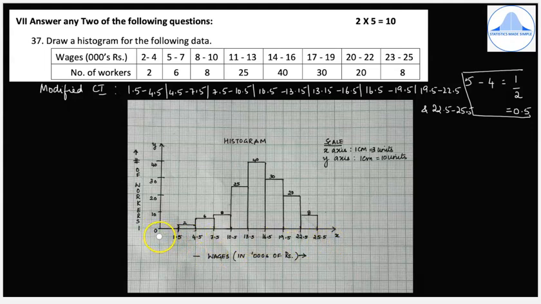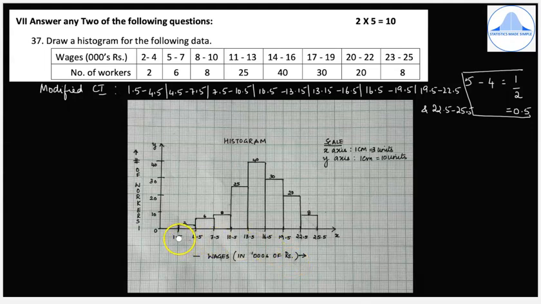So starting with the origin 0, I have taken 1 centimeter from 0 to this point as 1.5, and after that I have taken 4.5, 7.5, 10.5, 13.5, 16.5, 19.5, 22.5 and 25.5 on the x-axis, which is wages in thousands of rupees.